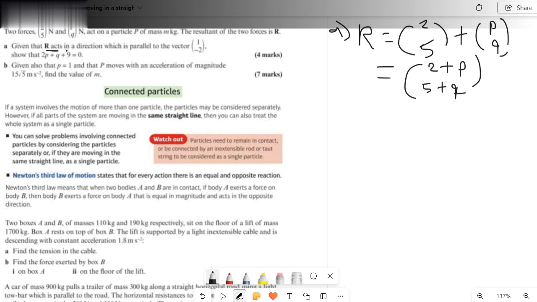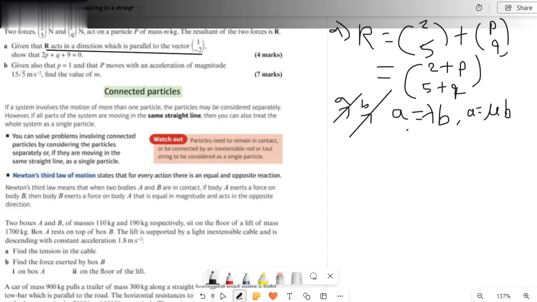Because R acts in a direction parallel to the vector (1, -2), as in our previous video we have discussed that if we have two vectors a and b which are parallel to each other, we can say that a is equal to some constant lambda multiplied with b, or it can also be written as a equals mu multiplied with b, where lambda and mu are both constants. So here we can say that R, being parallel to (1, -2), is equal to lambda multiplied with (1, -2).